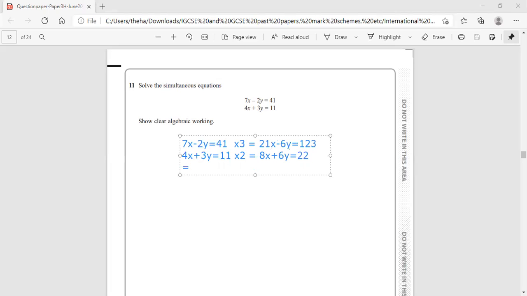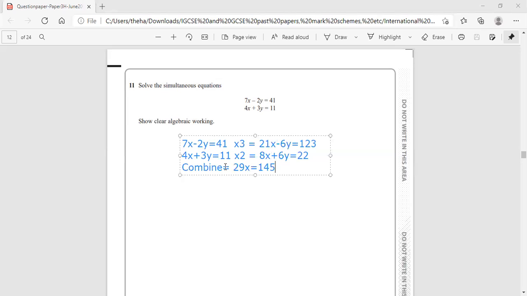All we need to do is combine the equations, so we're adding them together. We've got 29x, 21 plus 8, and then minus 6y plus 6y, which gives us 0y. Then that equals 123 plus 22, which gives us 145.